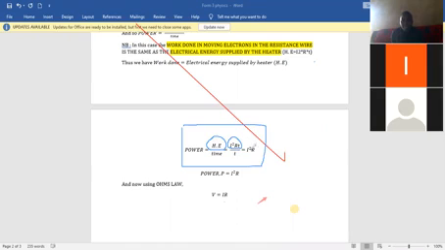Look at T and T, they will cancel. And so we have gotten this equation. Power is equal to I squared R. I hope the equation is very clear up to that point.